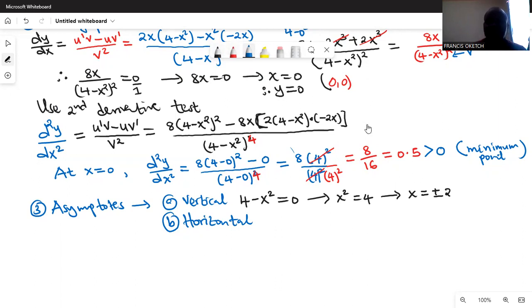So to be able to find the horizontal asymptotes, which we call y, you simply take the limit as x approaches infinity of f of x, where f of x here is x squared over 4 minus x squared.